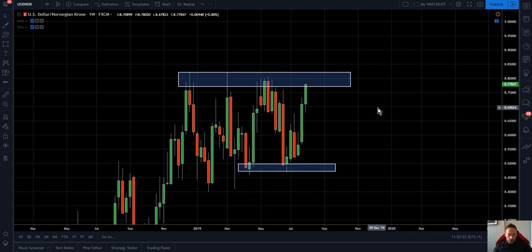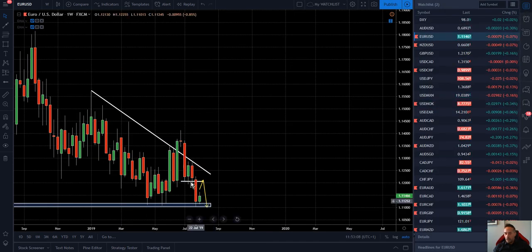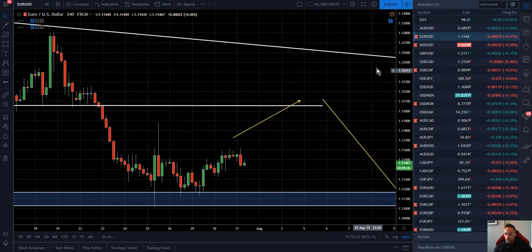Okay, so that's dollar, euro, cable, and dollar NOK. Dollar index, we will see what the Fed say. Euro, I'd like to see 1.12 tested, and then a bearish reaction.